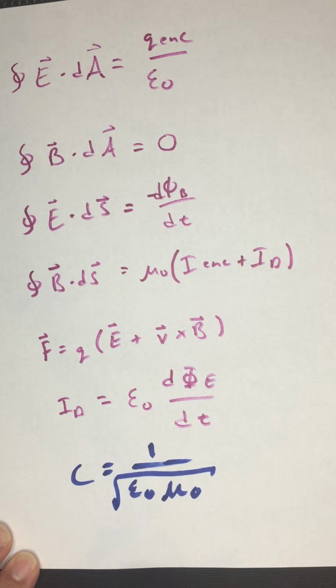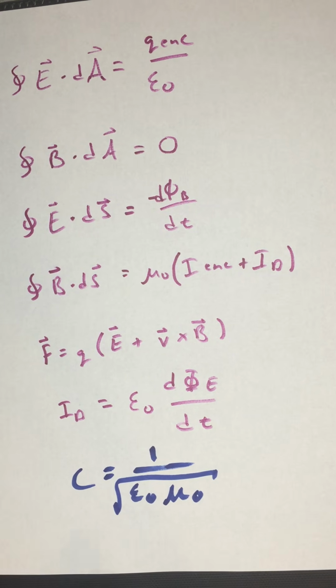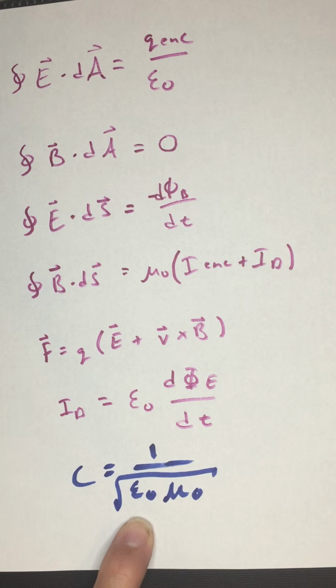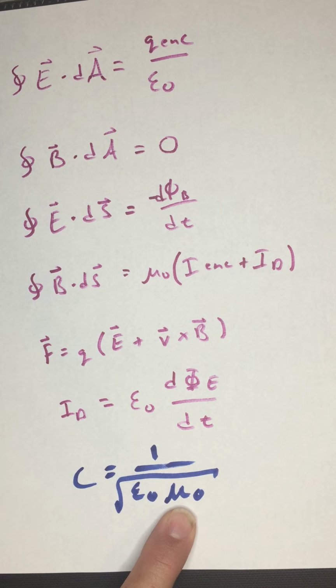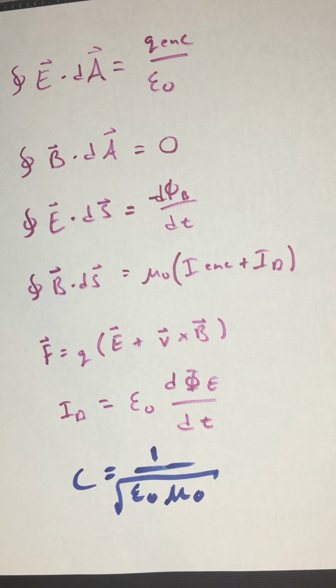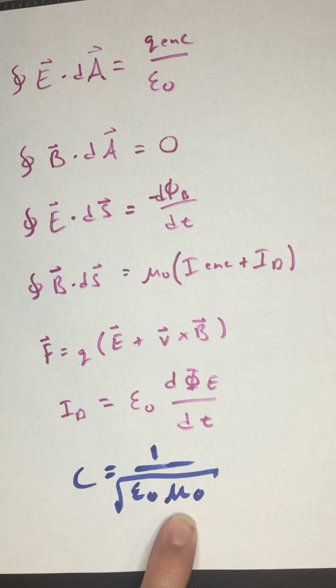One over root epsilon naught mu naught. Now this is our electrical constant. This is our vacuum permittivity. And this is our magnetic vacuum permeability. So I've got the constant associated with electric fields. I've got the constant associated with magnetic fields.